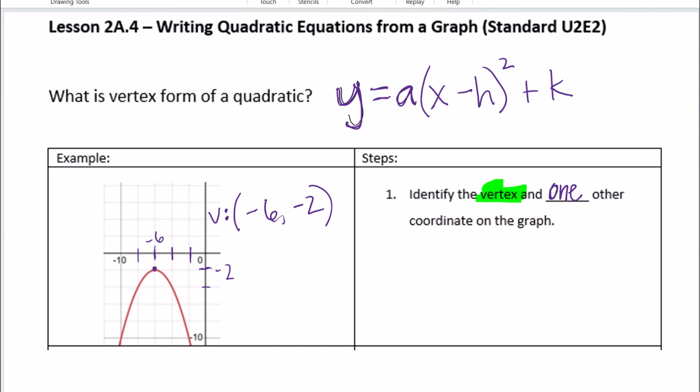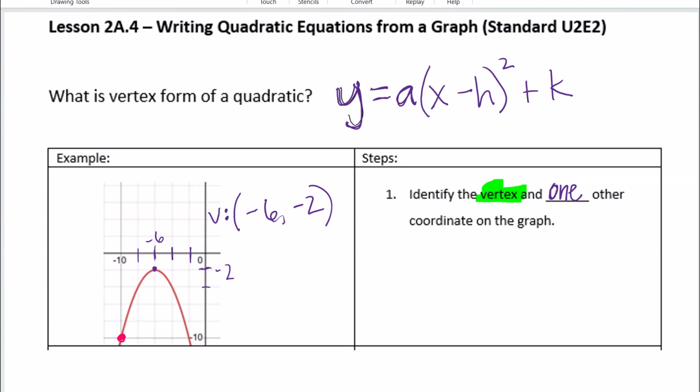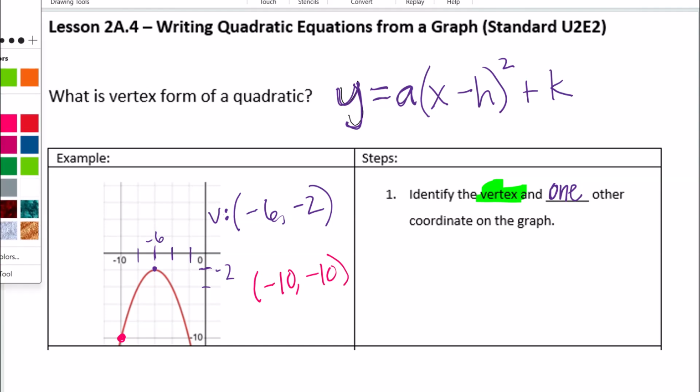And then I need to find one other point on the graph that's not the vertex. So looks like there's this point right here. That's at negative 10, negative 10. All right, so we find the vertex and one other point on the graph.